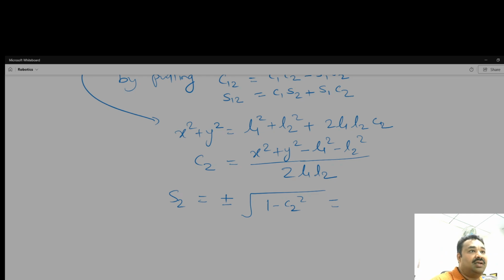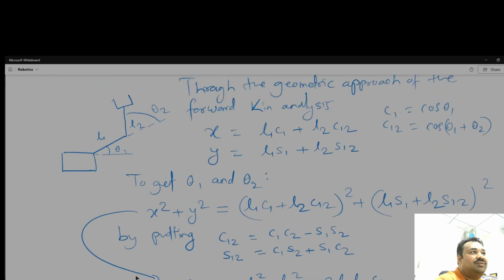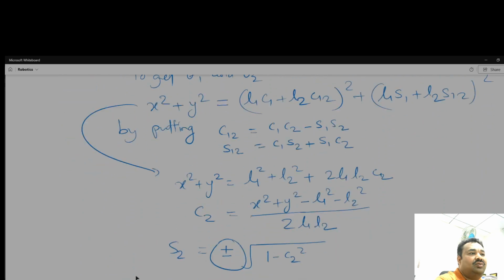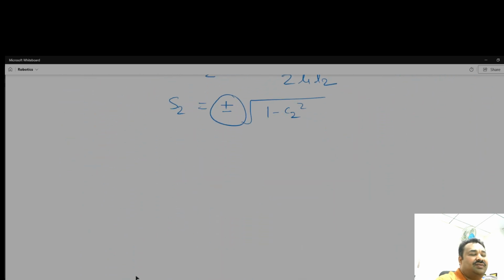Our focus is here, plus and minus. What is this? There are two possibilities to reach the goal point.